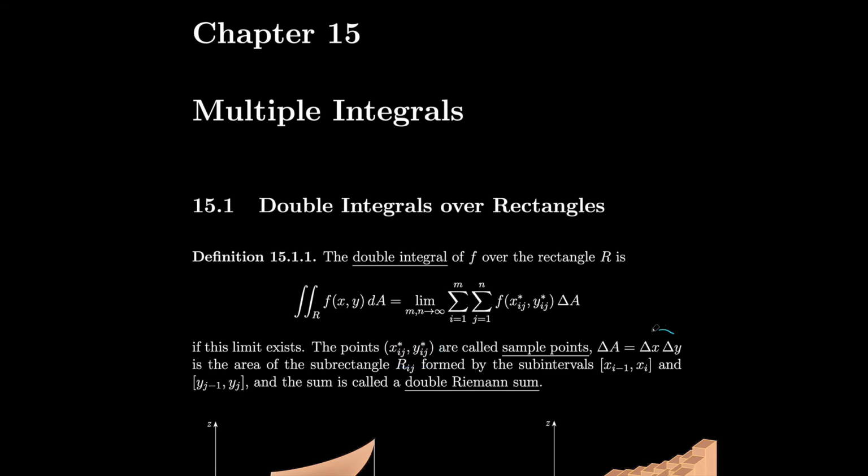Delta A is equal to delta x times delta y, or change in x times change in y, and that's the area of the rectangle R_ij formed by the subintervals from consecutive x values and consecutive y values.